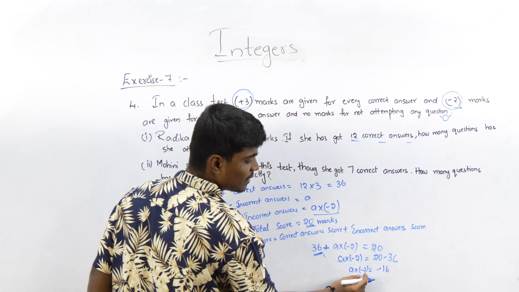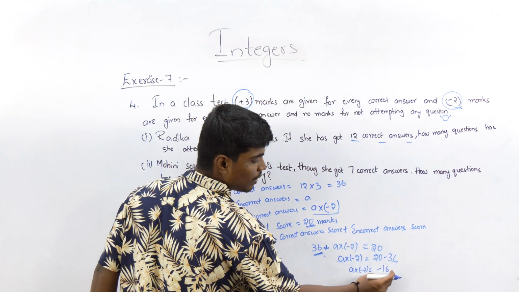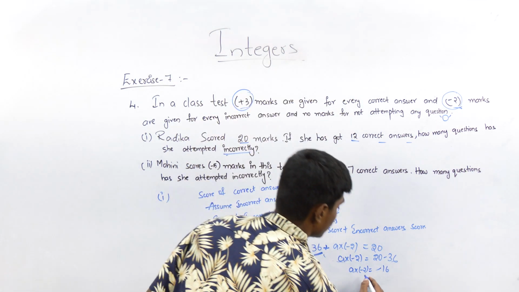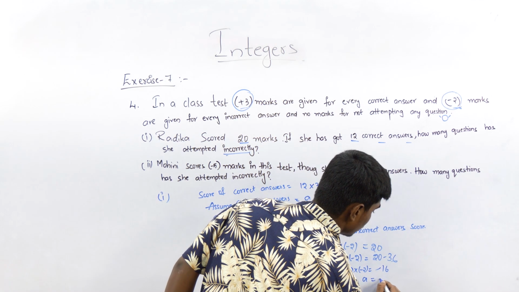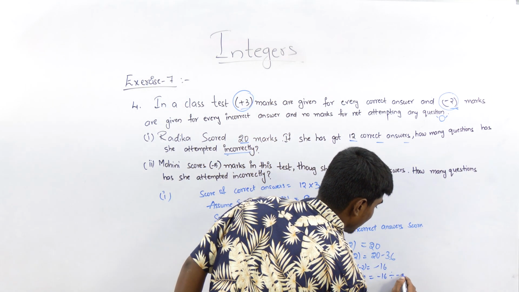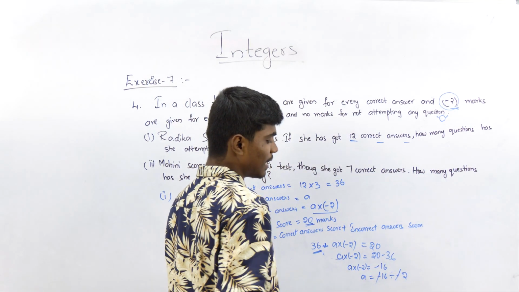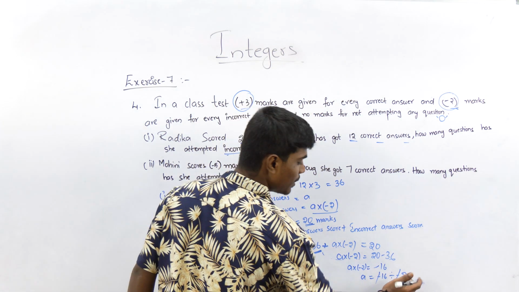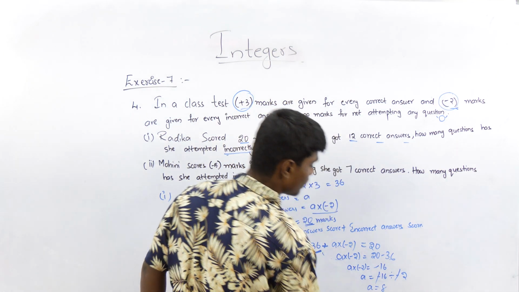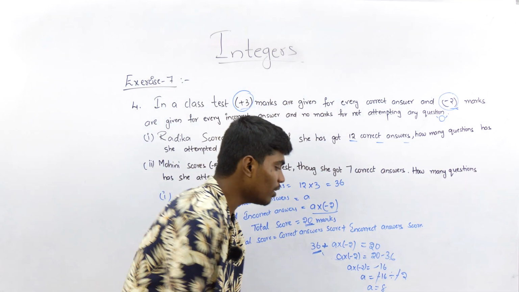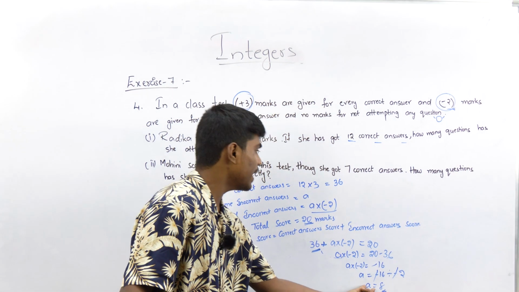A into -2. Here -2 is multiplying this side. If we go this side, it will divide. So A is equal to -16 divided by -2. Here minus gets cancelled. 16 divided by 2 is 8. A is equal to 8. What is A?